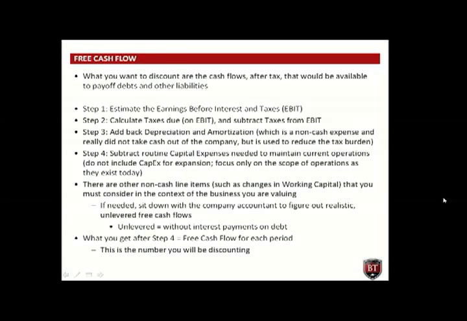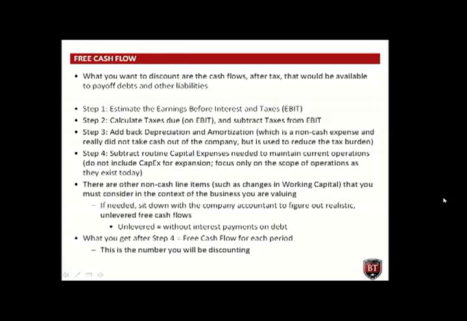Once you've taken taxes and subtracted them from the EBIT, add back depreciation and amortization, because these are expenses that did not actually impact the amount of cash that you have in the company. Next, as step 4, subtract out routine maintenance related capital expenses that the company normally incurs in its operations.